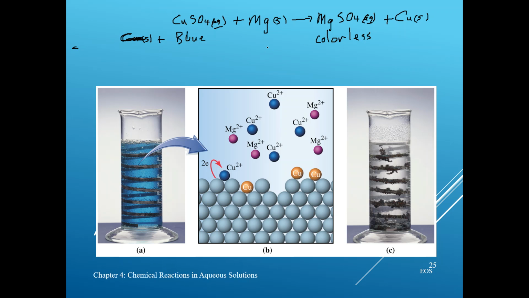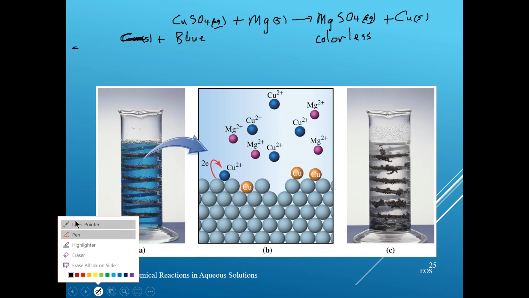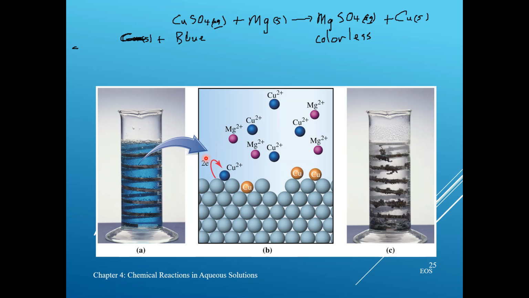So if you look at what's happening in this picture, you see that the blue solution is clearing up as the reaction is taking place, and over here the solution has become less blue and colorless, right? The reason that's happening, of course, is because the copper 2 sulfate, which is blue, is reacting to form the colorless magnesium sulfate.